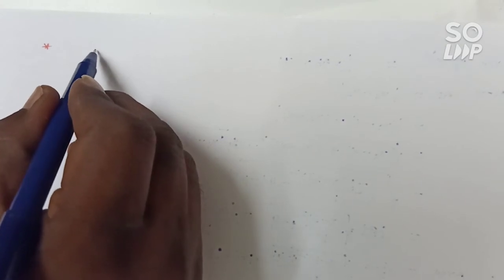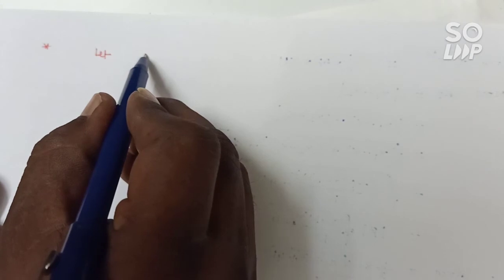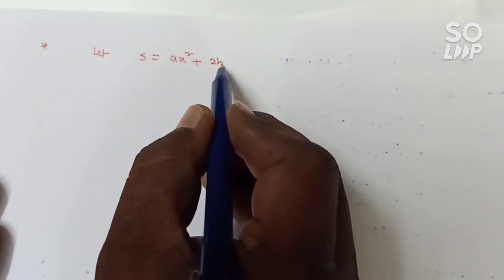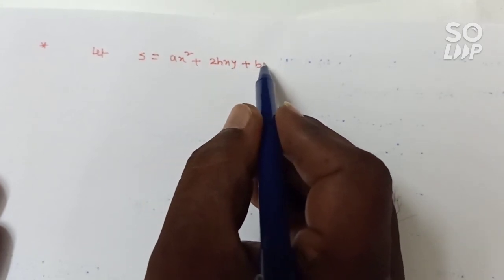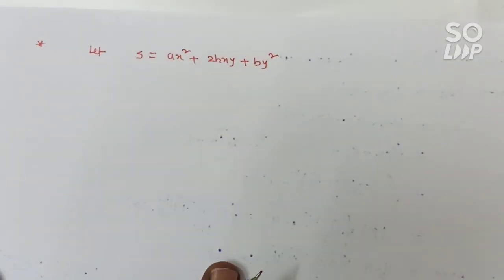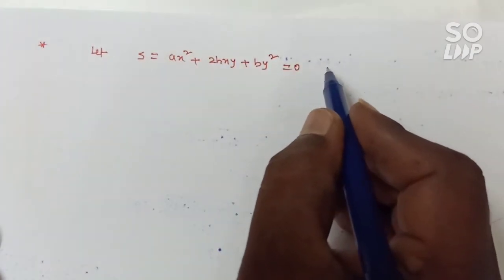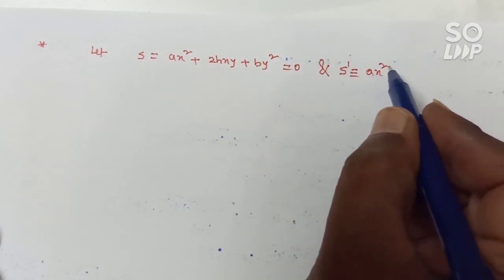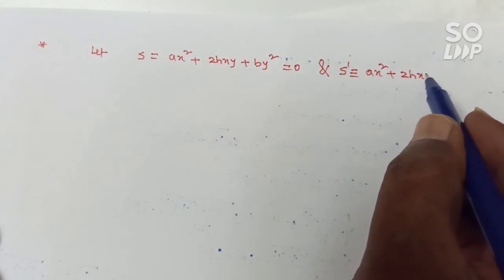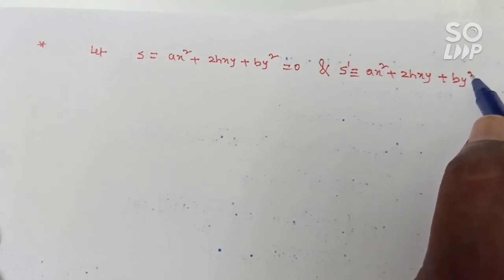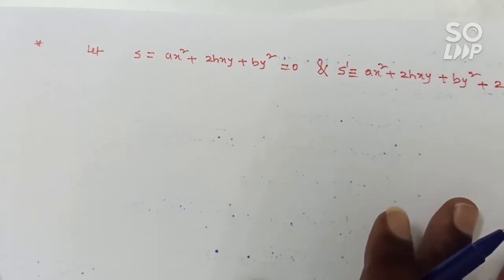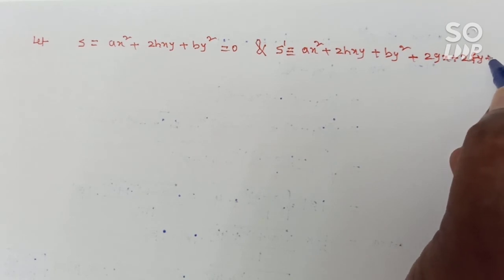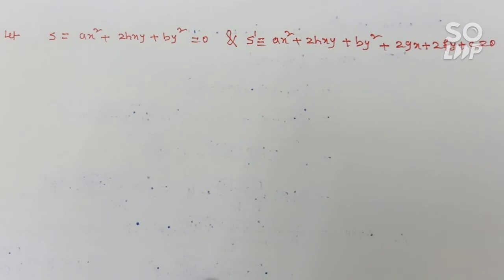See, the next concept is, let S is equal to a into x square plus 2h into xy plus b into y square equals 0, and S dash is equal to a into x square plus 2h into xy plus b into y square plus 2 into gx plus 2fy plus c is equal to 0.